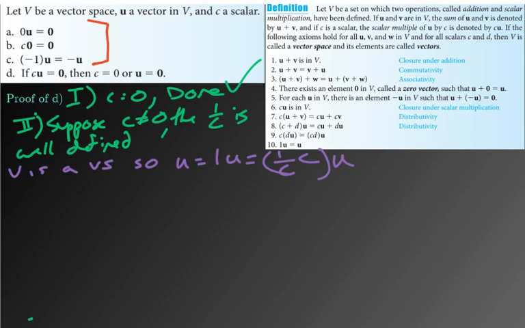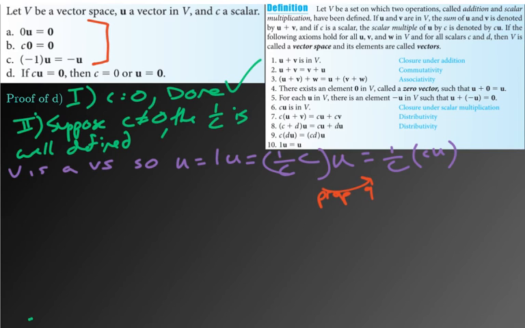And then we can use a property from here, the associativity of the scalars and the vectors, so property 9. We can regroup and do C, CU.